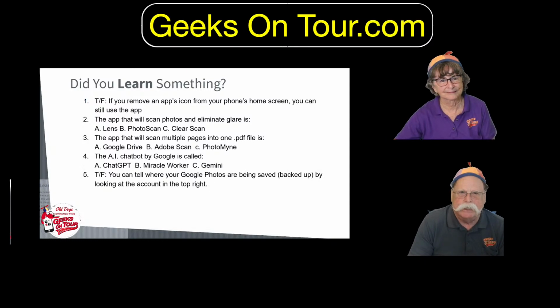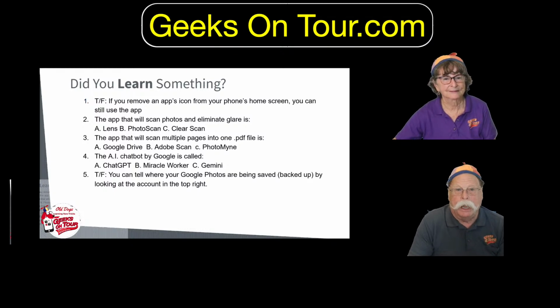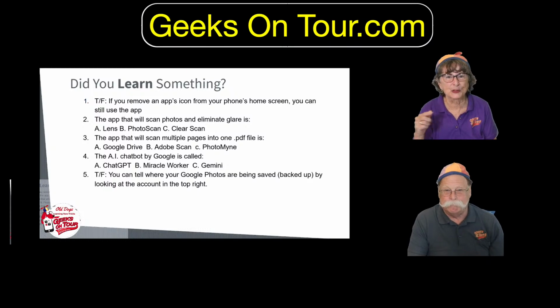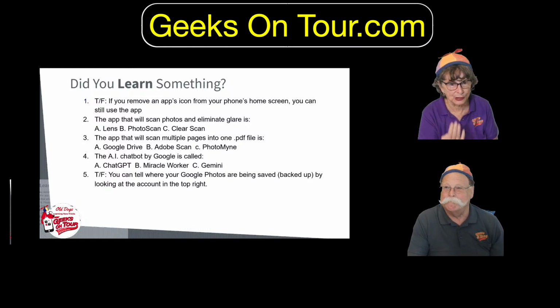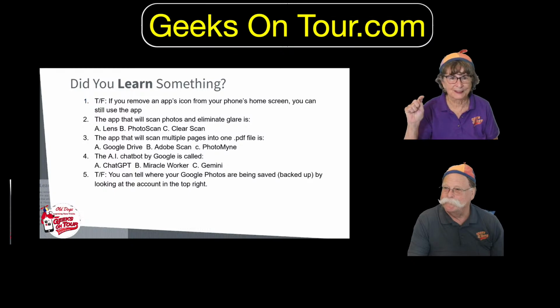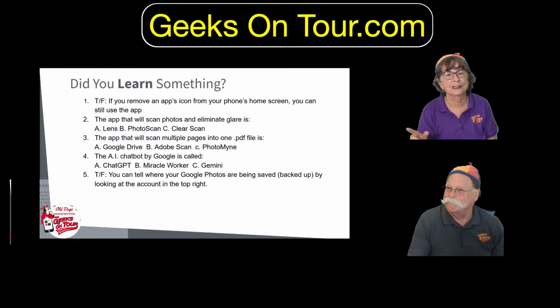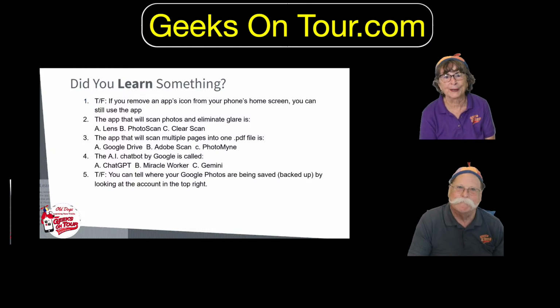True or false, you can tell where your Google Photos are being backed up by looking at the account in the top right. Nope, not enough. The account in the top right tells you what account the photos you're looking at are from. You have to tap on that button and go to the backup settings to see where they're being backed up to.